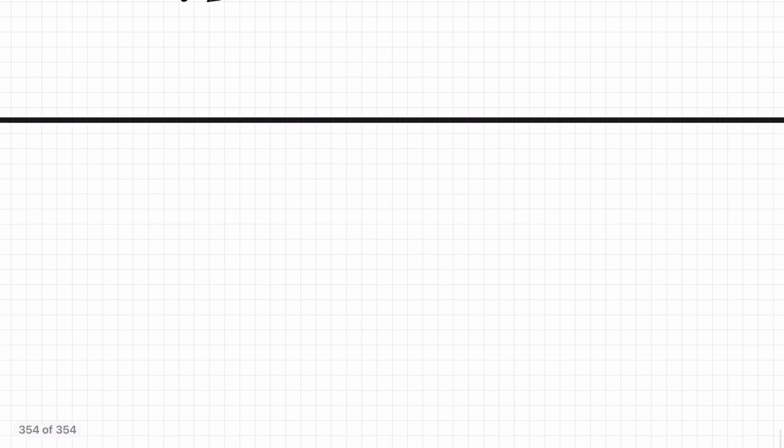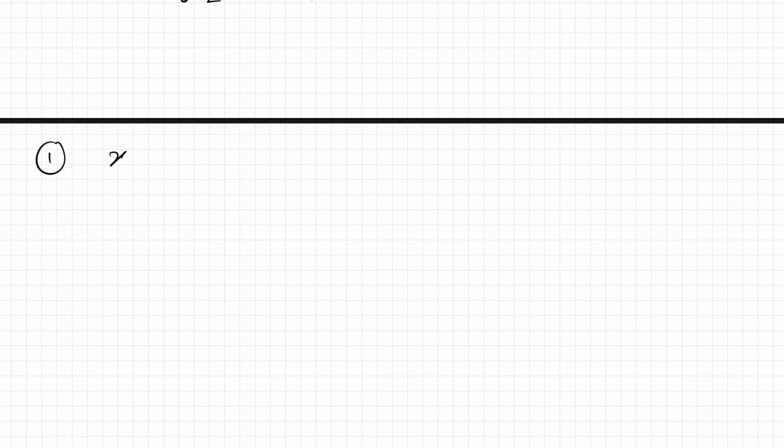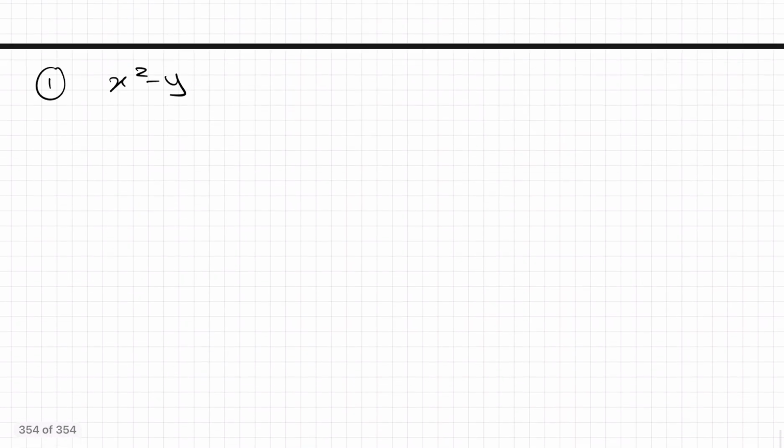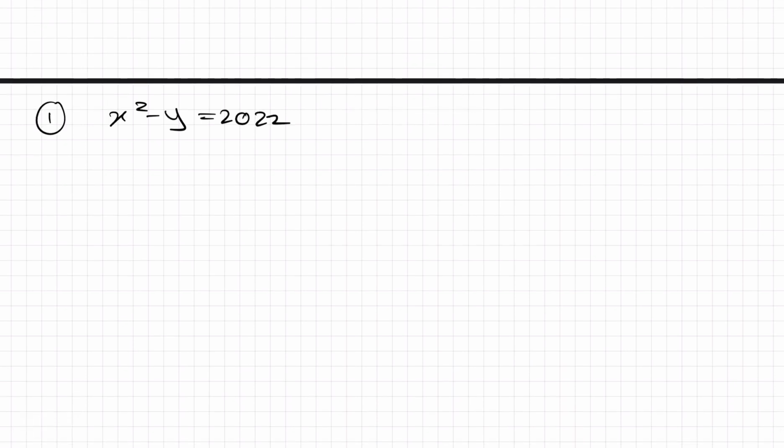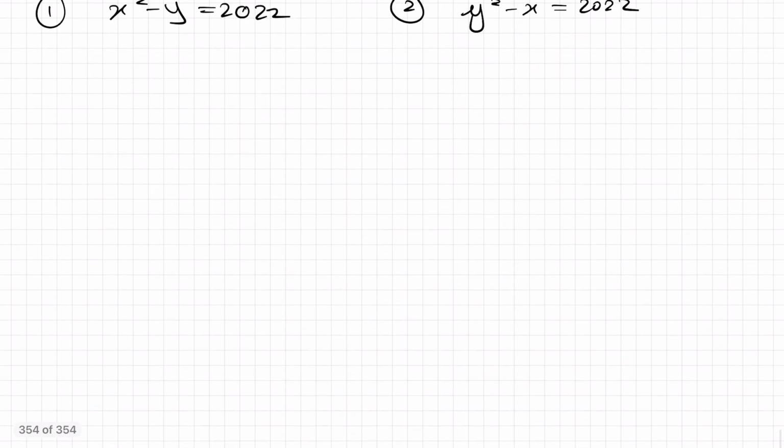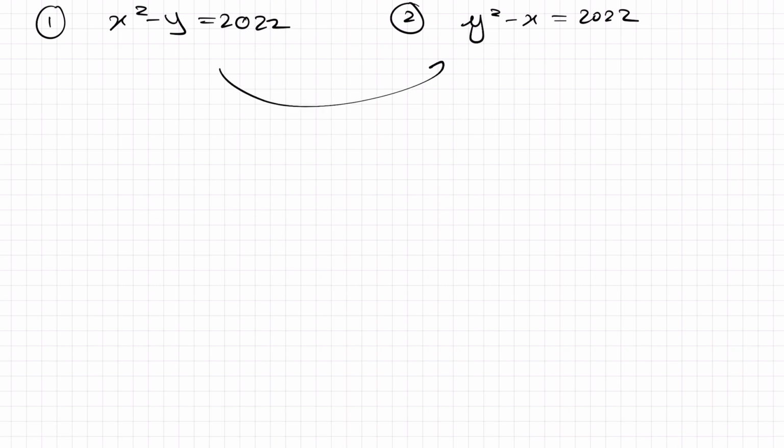So again, let's look at our simultaneous equations. We have x squared minus y equals 2022 and y squared minus x equals 2022. So what you'll notice is to get from here to here, we're just mapping xy to yx, right?